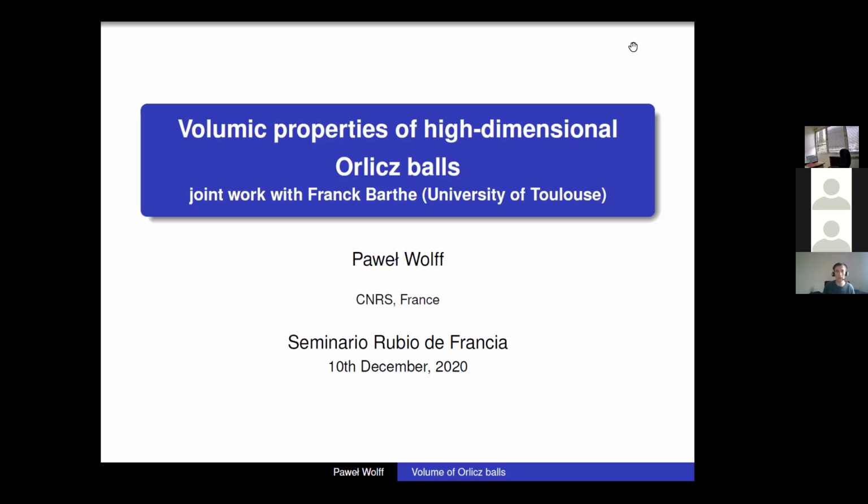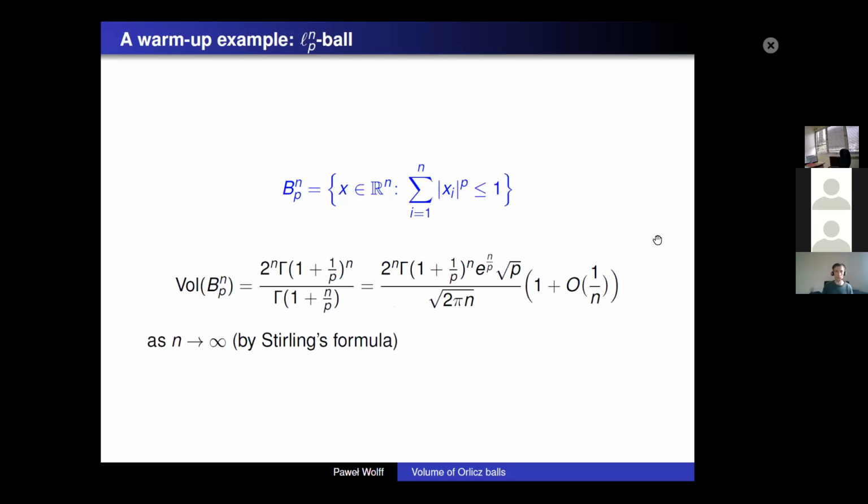So today I will talk about how to compute a volume of high-dimensional Orlicz balls. So kind of a simple problem, and let me start with the warm-up example. Let's take an n-dimensional ball in the ℓp sequence space.